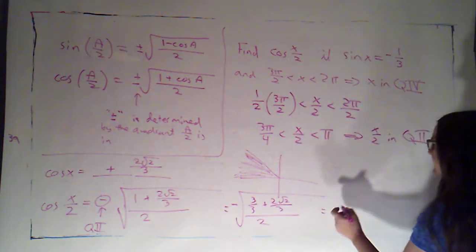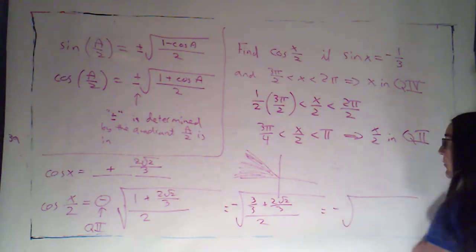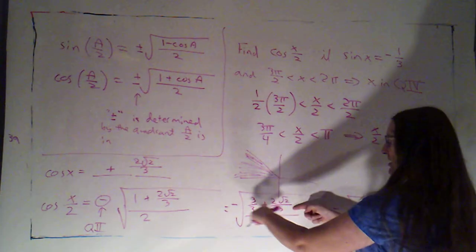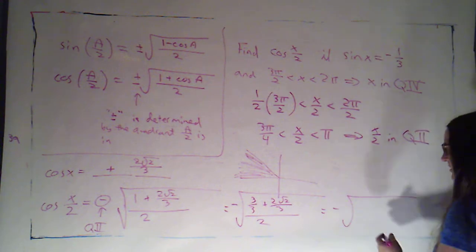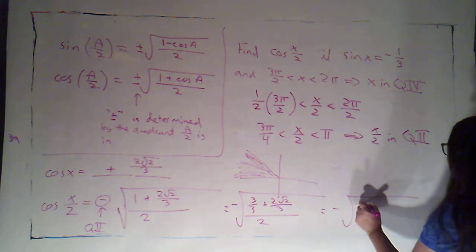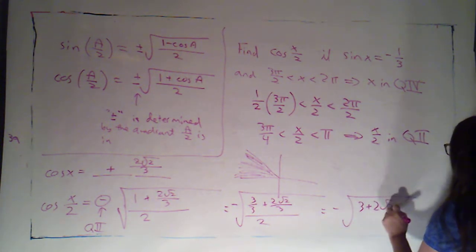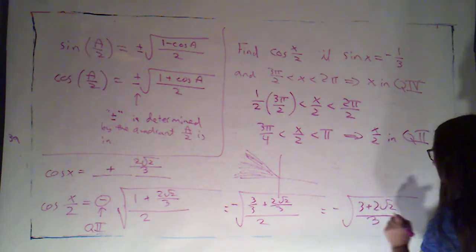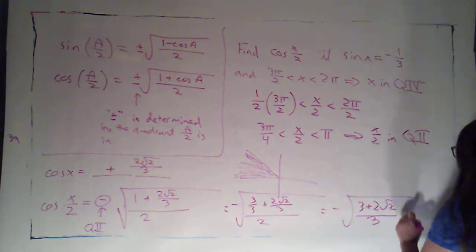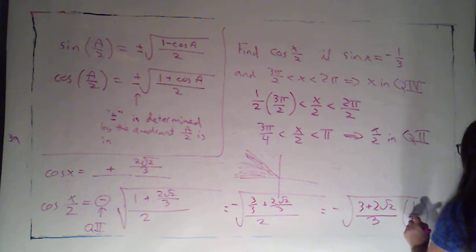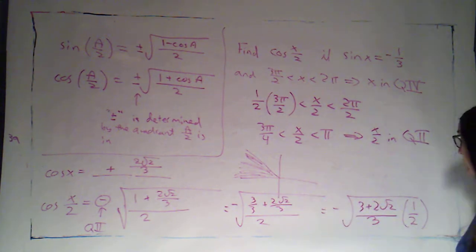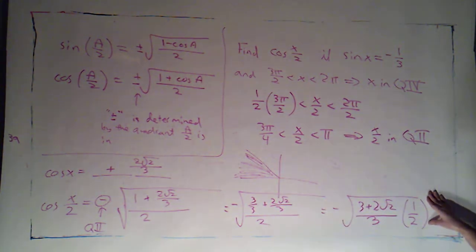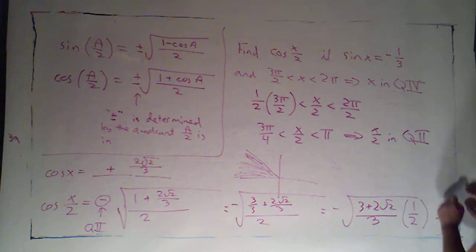So that's negative the square root. I'm going to find a common denominator here, so that would be 3 plus 2 root 2 all over 3. And then we were dividing by 2, which is equivalent to multiplying by 1/2.